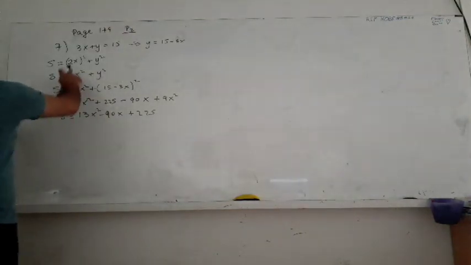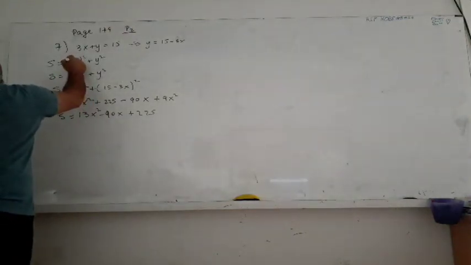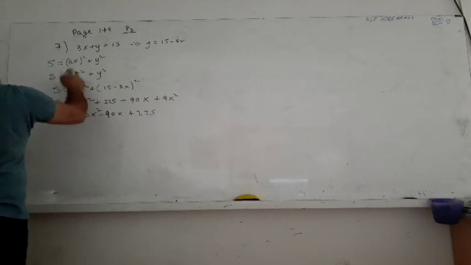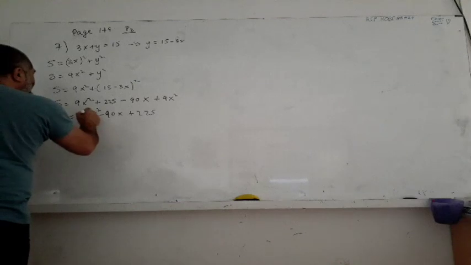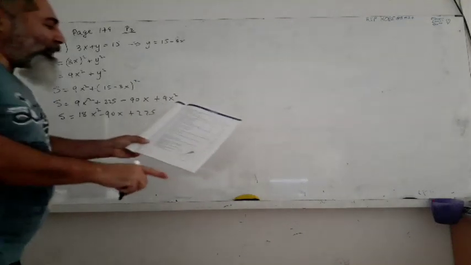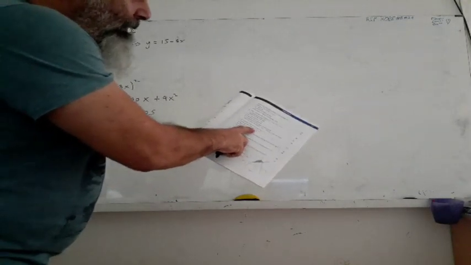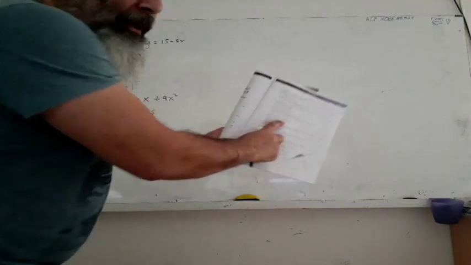This is not my mistake, it is a mistake of the book. Now it makes 18. In your P2 book, correct this 2x. Make that one 3x. That is not 2x, it has to be 3x.